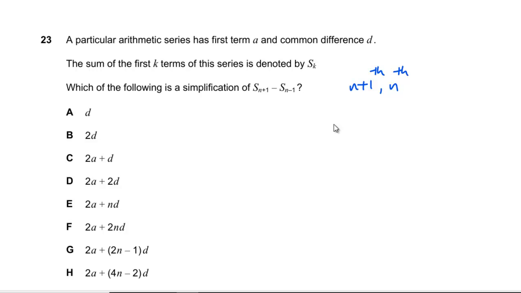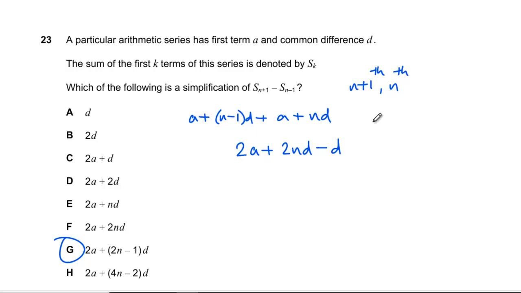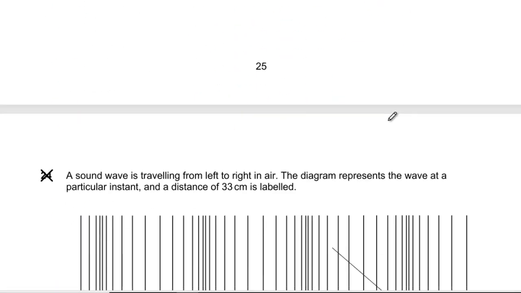So for n, that is going to be a plus (n-1)d. And then we need to add on another a, but this time with an nd. So that's 2a plus 2nd minus d. So where's that coming out? G again? Yeah, G. 23 done.